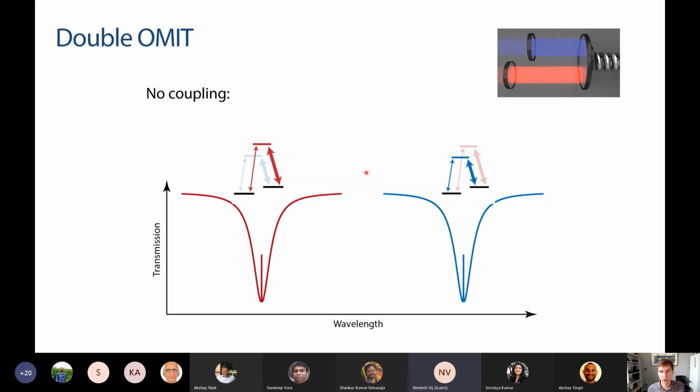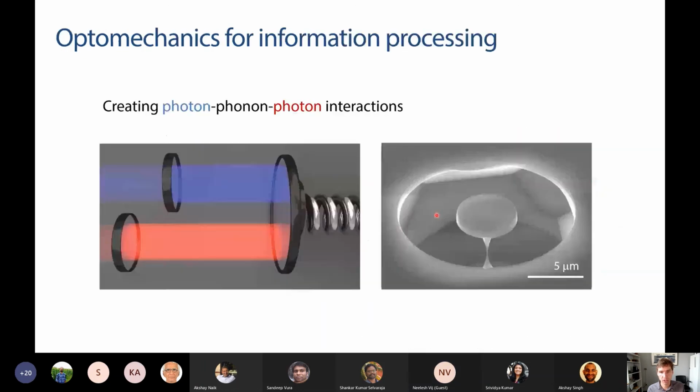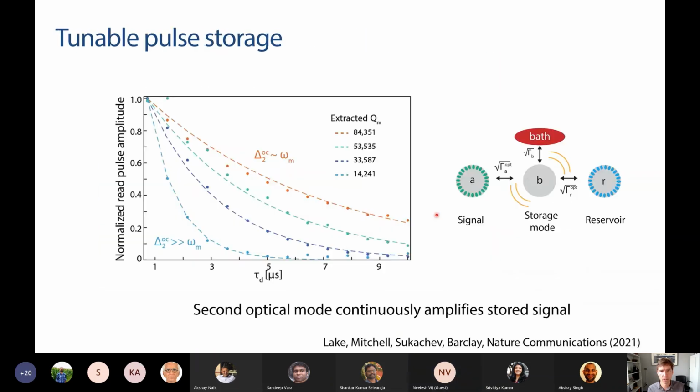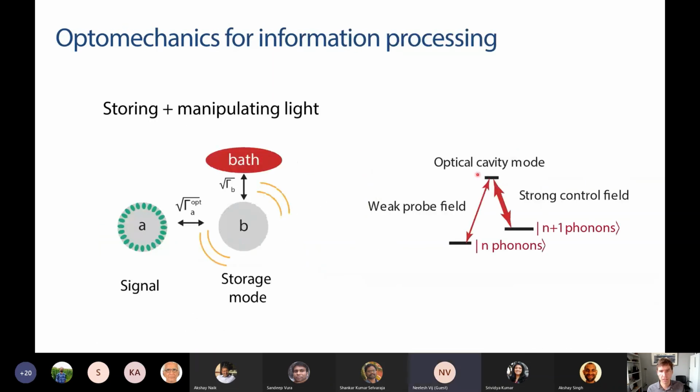No, we definitely aren't operating in a low temperature regime. If you look at this picture, you have this n phonons, which could be a big number.